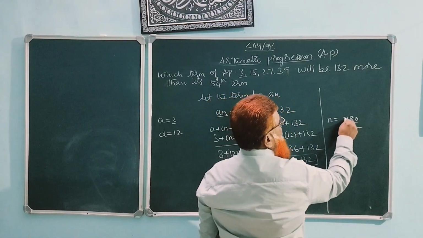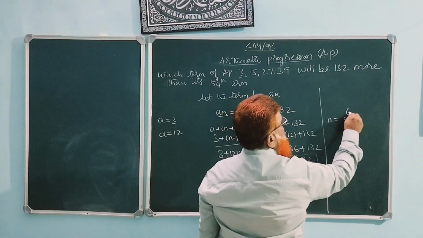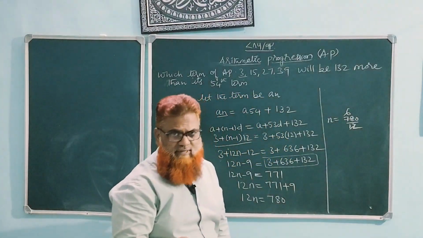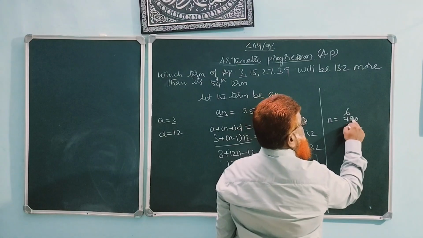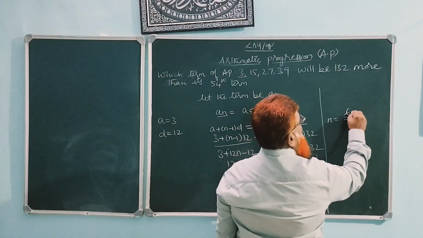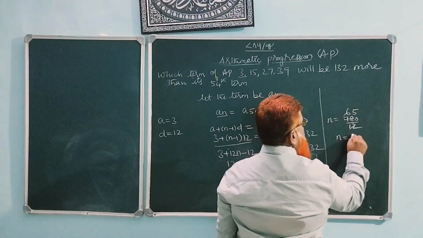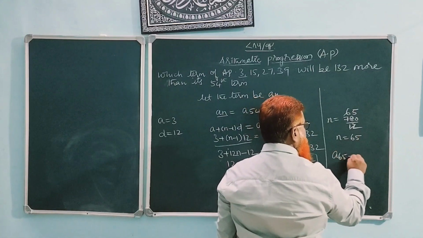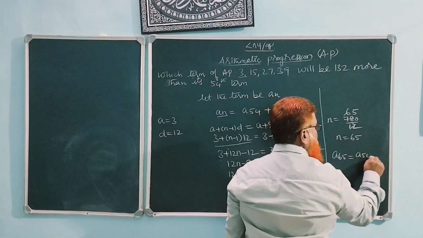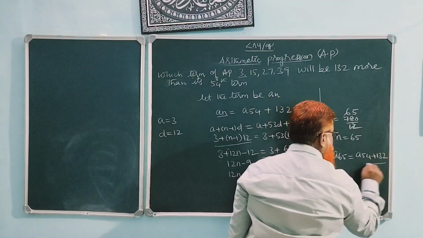How does it divide? 12 sixes are 72. Out of 78, 72 is divided and we get the sixth term here, and it is 60. 12 fives are 60. n is equal to what? 65. Therefore A65 is equal to A54 plus 132.